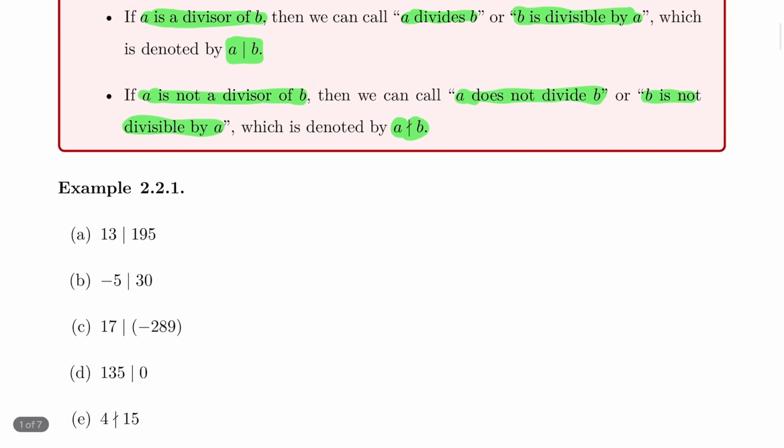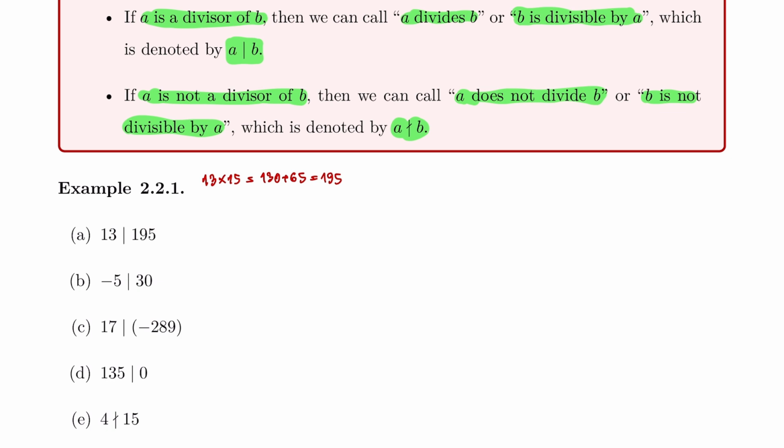So let's take a look. Let's multiply by, it should not be 20, let's use 15. Let's try 15. So you're going to have 130 plus 65, which is 195. We can write 13 divides 195.